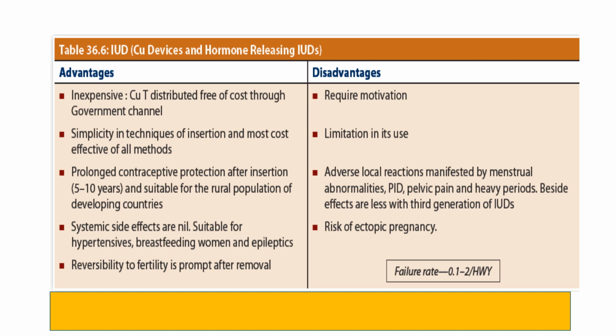Once you have inserted it, it will continue for 5 to 10 years, and it is suitable for the rural population of developing countries. Systemic side effects are nil, so it is suitable for hypertension, breastfeeding women, and epileptics, where you cannot use oral contraceptive pills. Reversibility of fertility is prompt. If the couple wants pregnancy, then just removal of the IUCD will suffice.